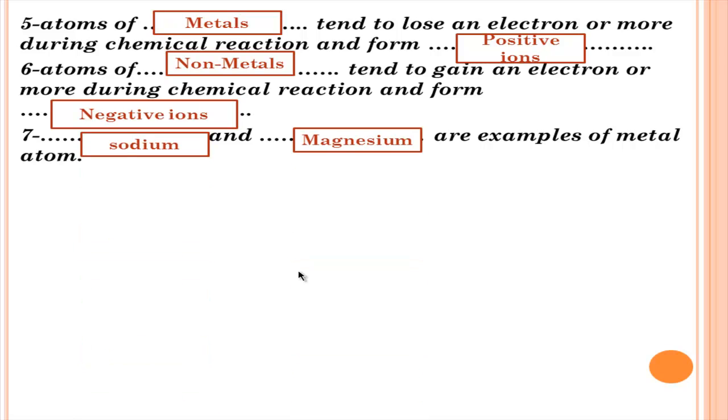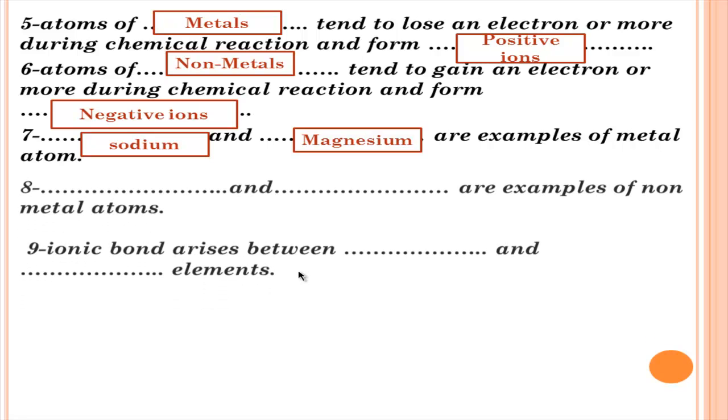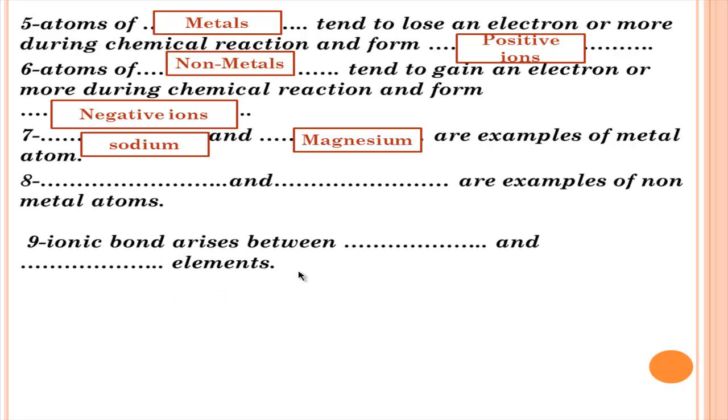Oxygen and chlorine are examples of non-metal atoms.